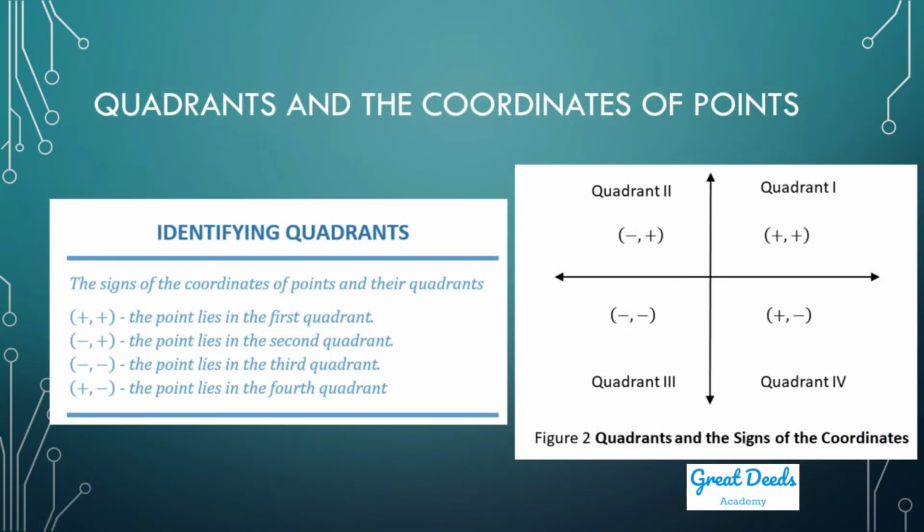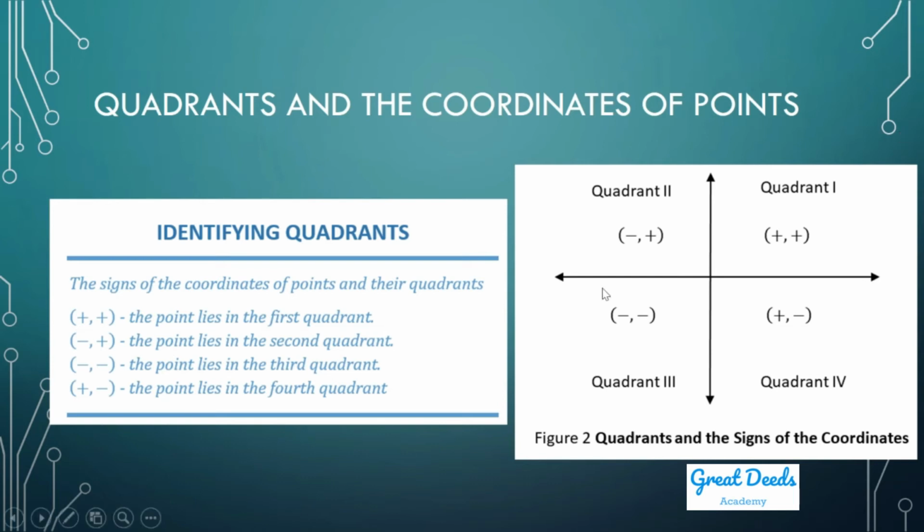By laying down our coordinate axes, we divide the plane into 4 quadrants, and we read the quadrants counterclockwise: Quadrant 1, Quadrant 2, Quadrant 3, Quadrant 4. Where your point is will tell you the sign of the coordinates, positive or negative.